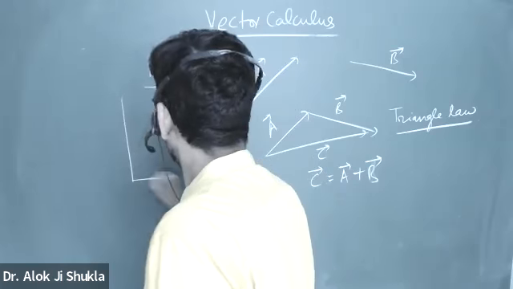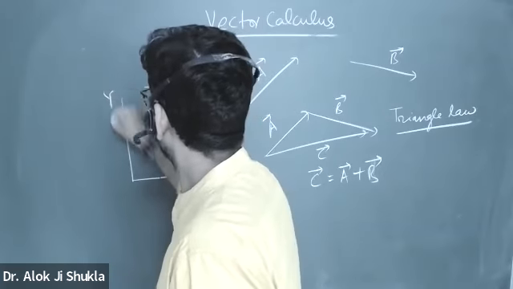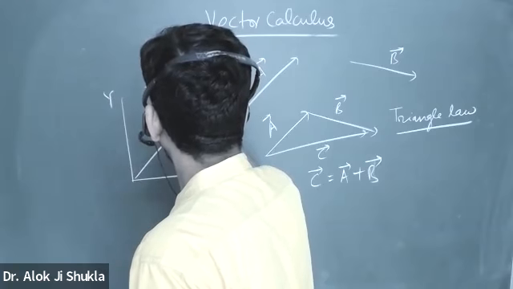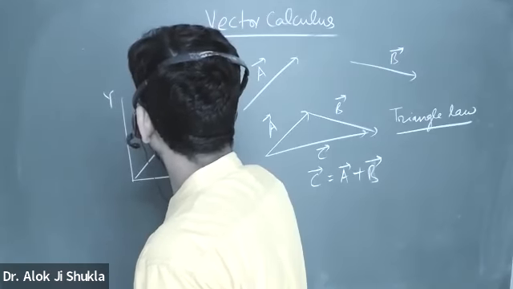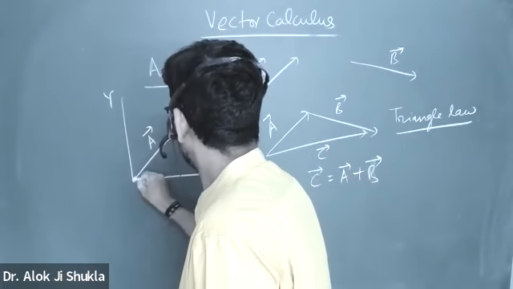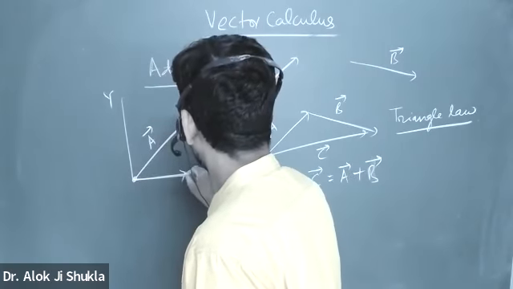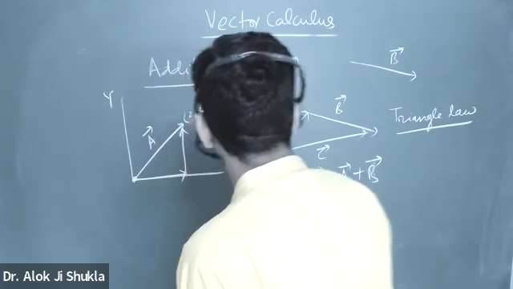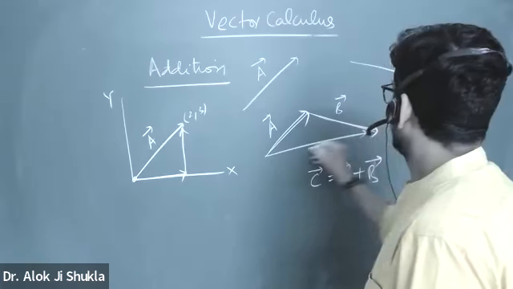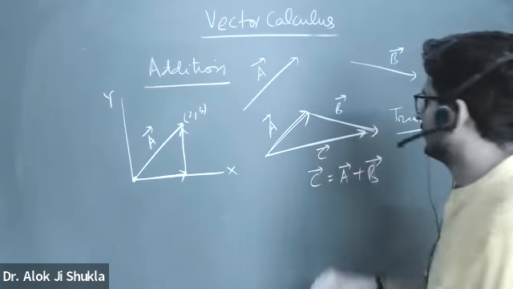Suppose you have a 2D plane and a vector like this A, which is 2, 3. This is vector A. So this is tail to head, two vectors. So like here you see tail to head is equal to tail to head.